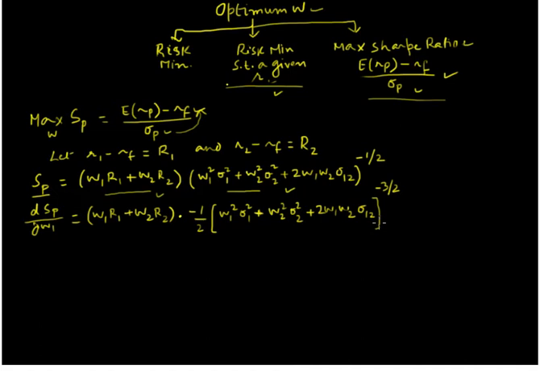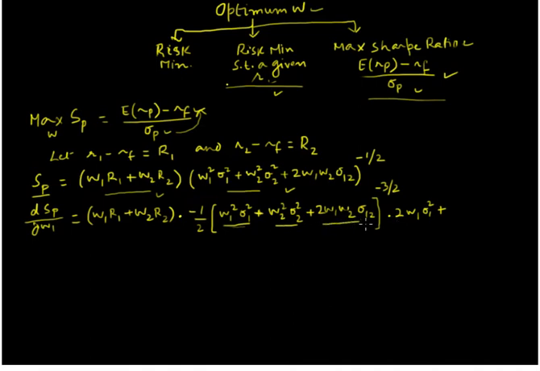We are not still done differentiating the second function because we need to multiply this with the derivative of the inside function. So we write a dot and write down the differential of the inside function, which is going to be from this term 2 times W1 times variance of 1 plus, we don't get anything from here.